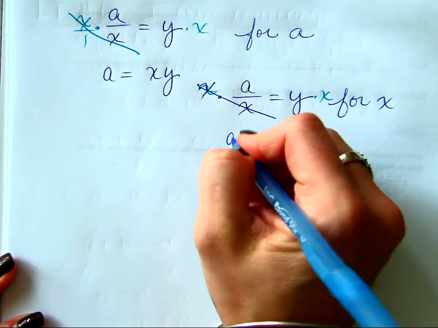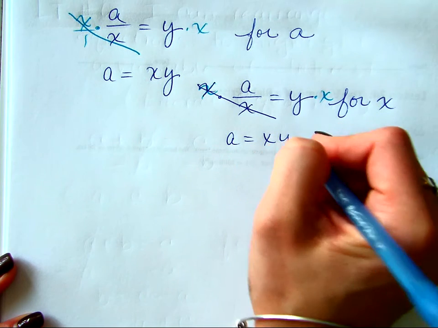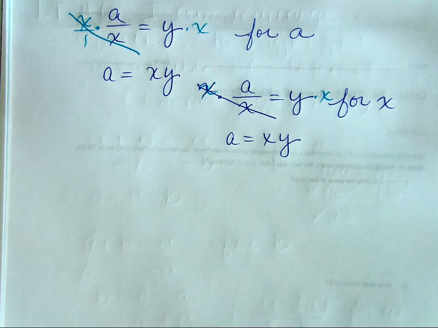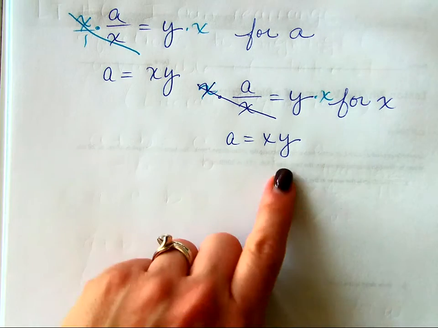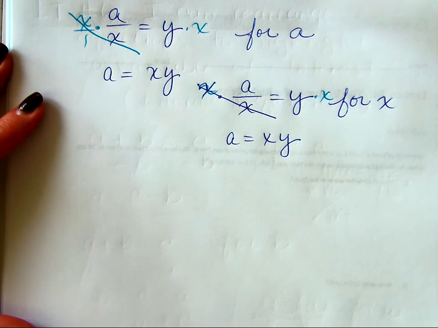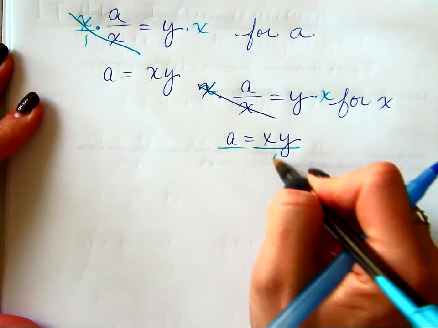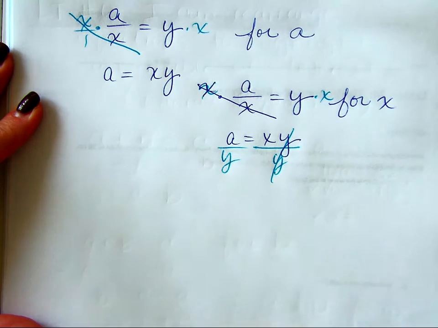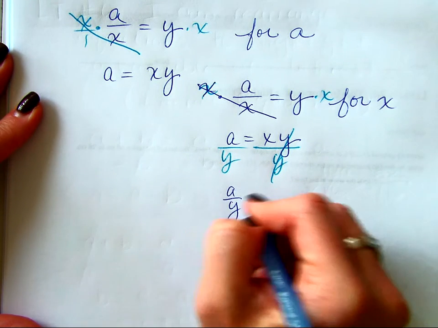And I would have A equals XY, but then I wouldn't be done. I would just have to take it one step further and do what next? If I want X by itself, I need to divide both sides by Y. And so A divided by Y equals X.